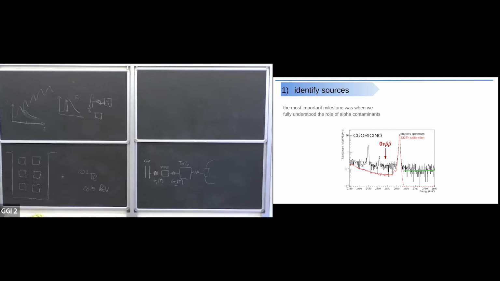Okay, so if I just draw, I don't have a plot here, but if I simply draw my spectrum, this is my physics data spectrum, and this is the thallium line. Here, what I'm doing with the calibration, if you want, is to avoid using a Monte Carlo simulation, but use experimental data.